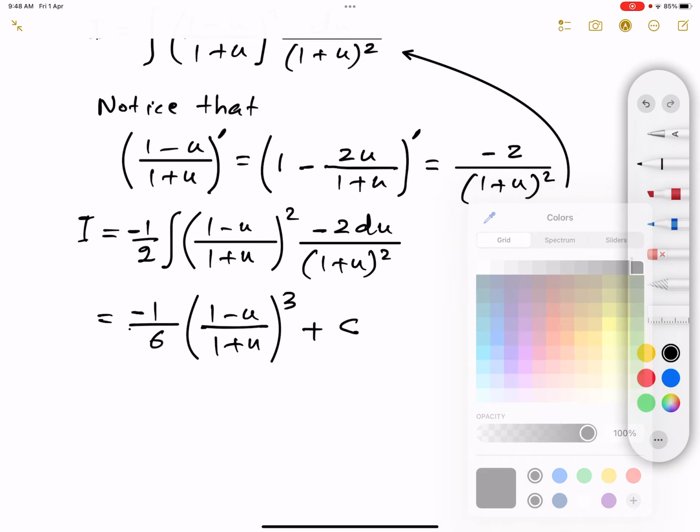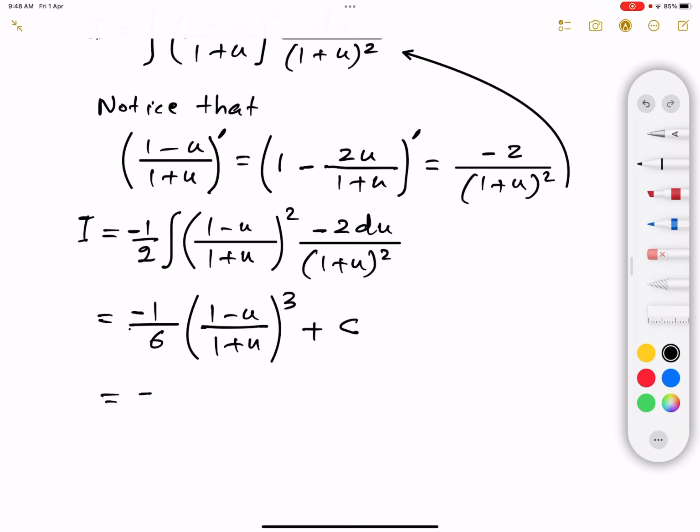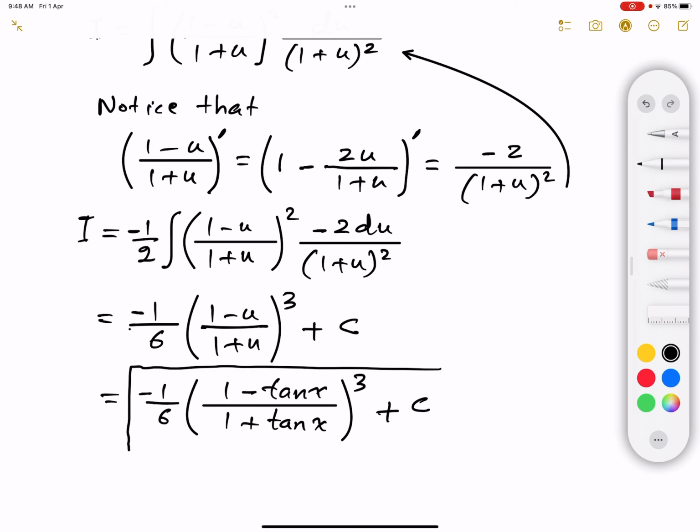So that would give us minus 1/6 of (1 minus tangent of x) over (1 plus tangent of x), all raised to the power 3, plus C, and that is exactly the answer to this integral.